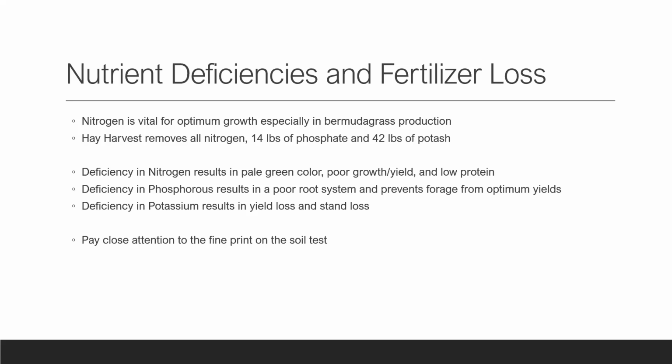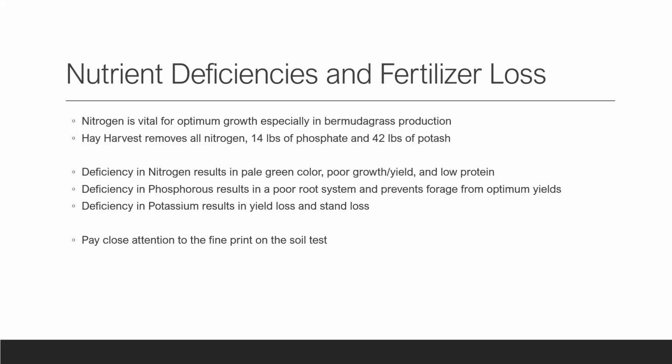Let's say we get some good fall rains and you get a third hay cutting like last year. Again, there's not any nitrogen available for you to take away. We're still sitting at 0 parts per million. We take an additional 14 pounds of phosphate away, and we take an additional 42 pounds of potash away. So again, we don't need the calculator on that.